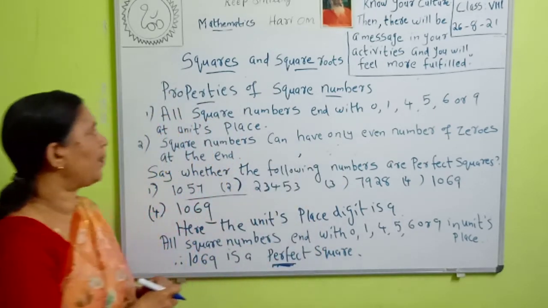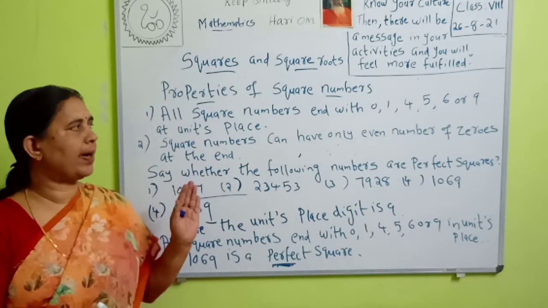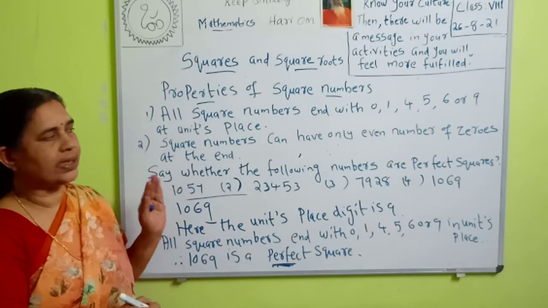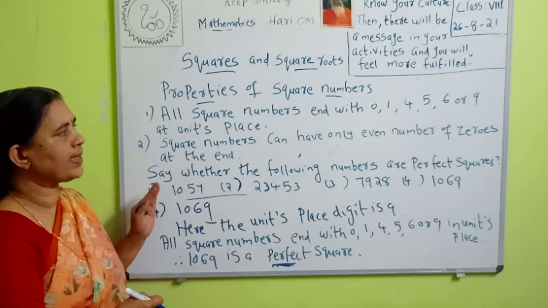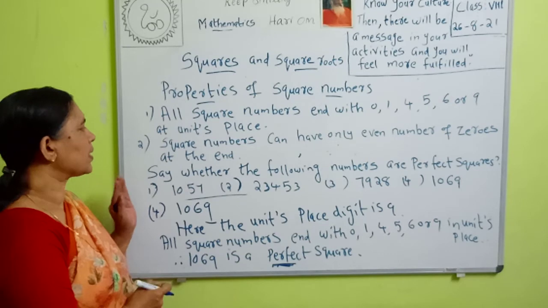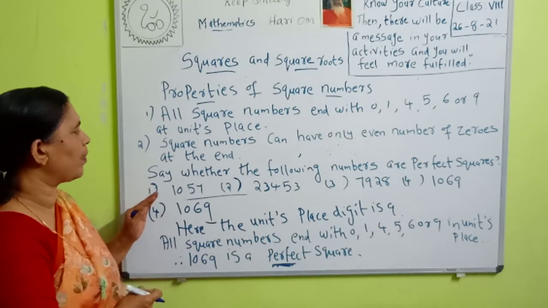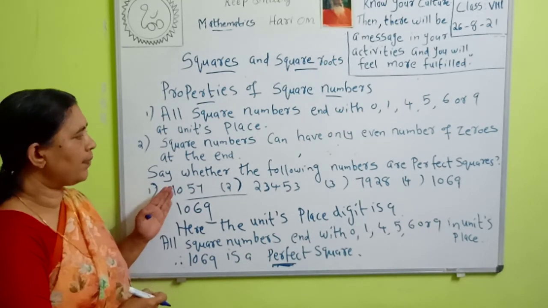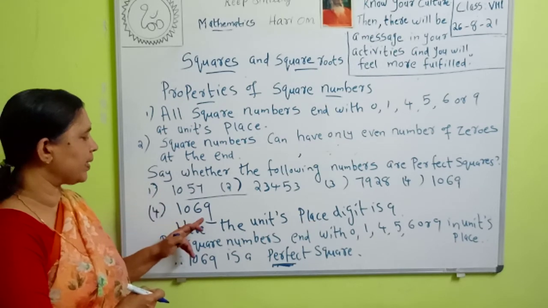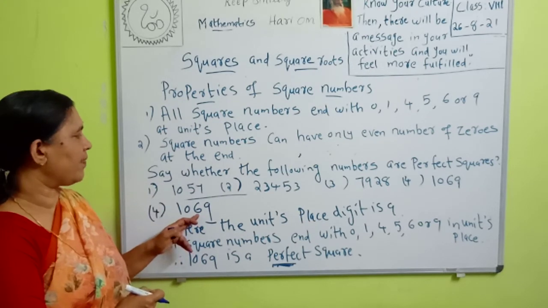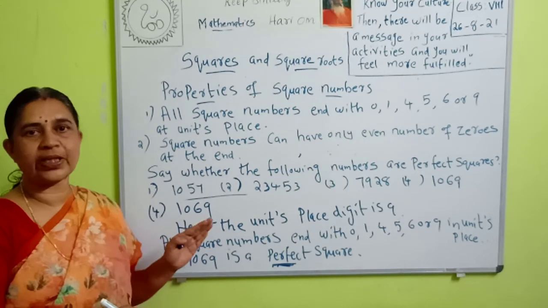Okay. So the properties of square numbers are, you remember it: all square numbers end with 0, 1, 4, 5, 6 or 9 at units place. Square numbers can have only an even number of zeros at the end. So by looking at the digit in the units place, we can say whether a number is a perfect square or not.